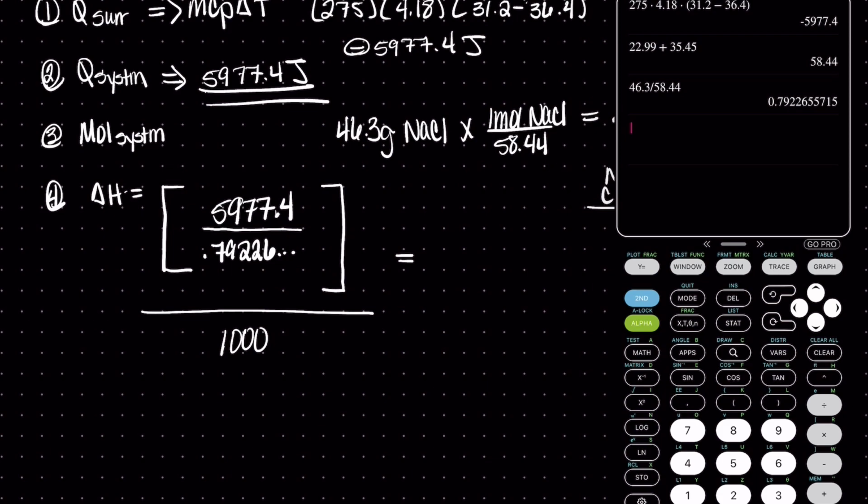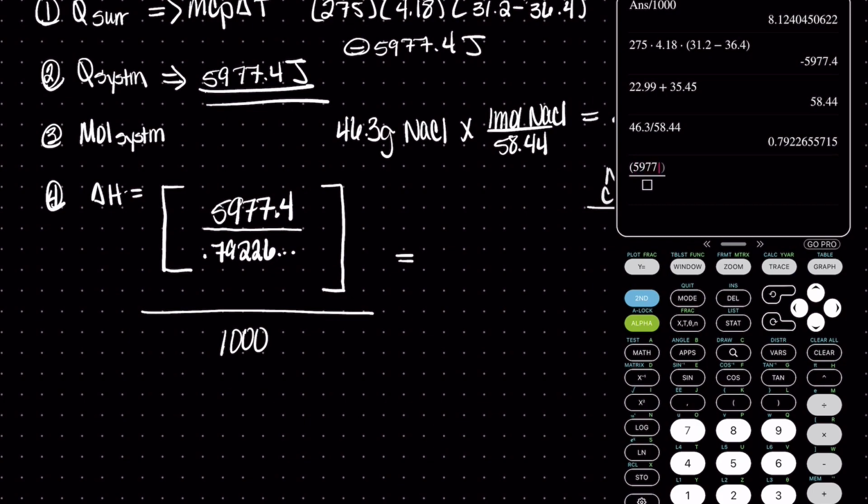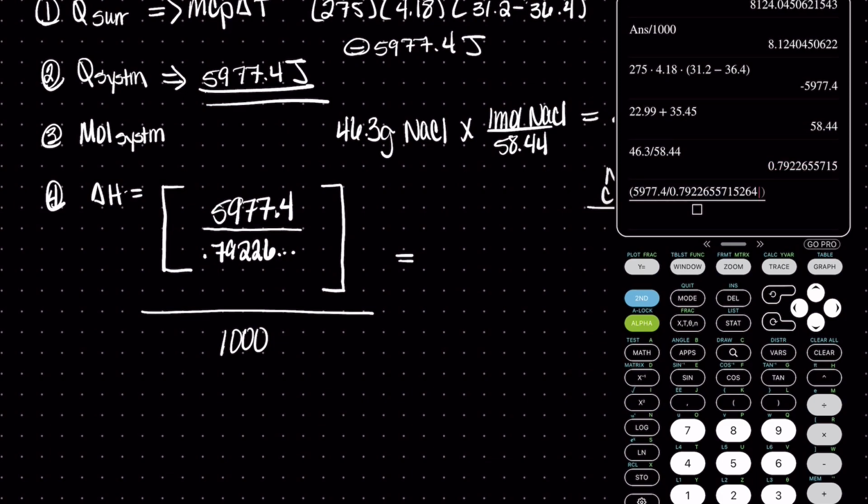So now we just go to work: 5977.4 divided by that molar value, over 1,000.